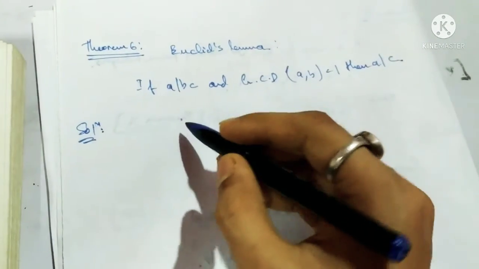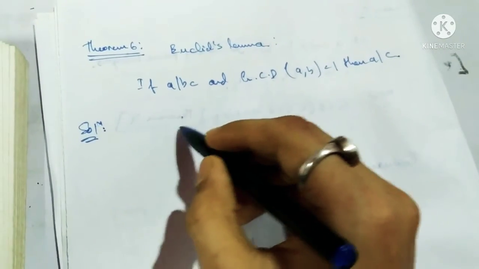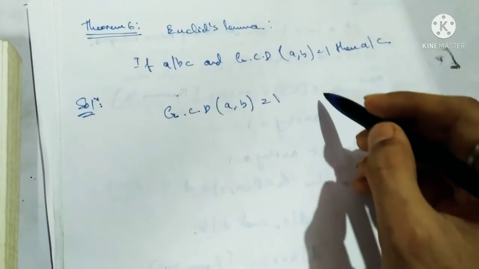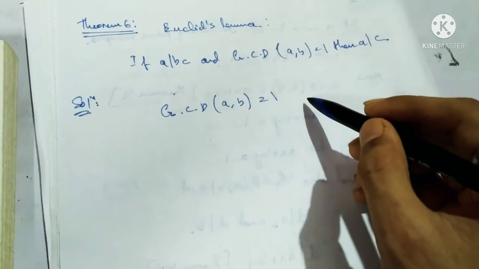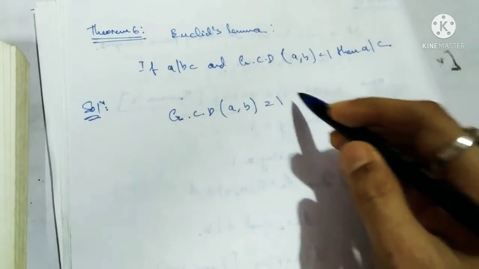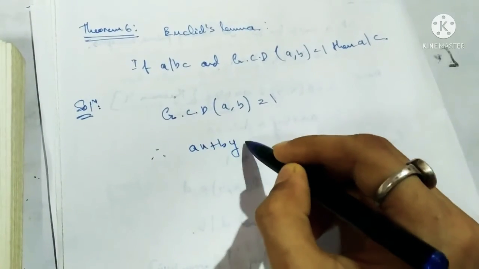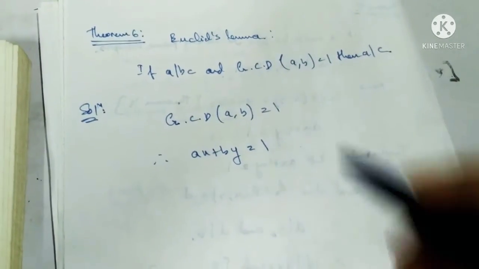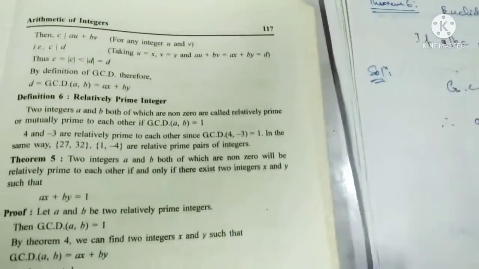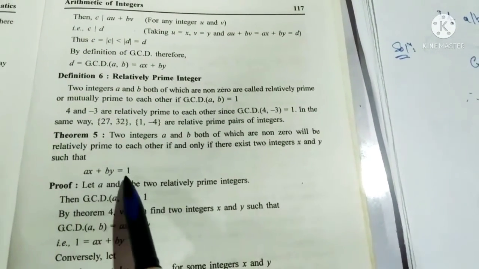Okay, so in here you see GCD of A, B is equal to 1. So therefore I can say that AX plus BY is equal to 1, and this is from theorem 5: if A and B are relatively prime, then AX plus BY is equal to 1.